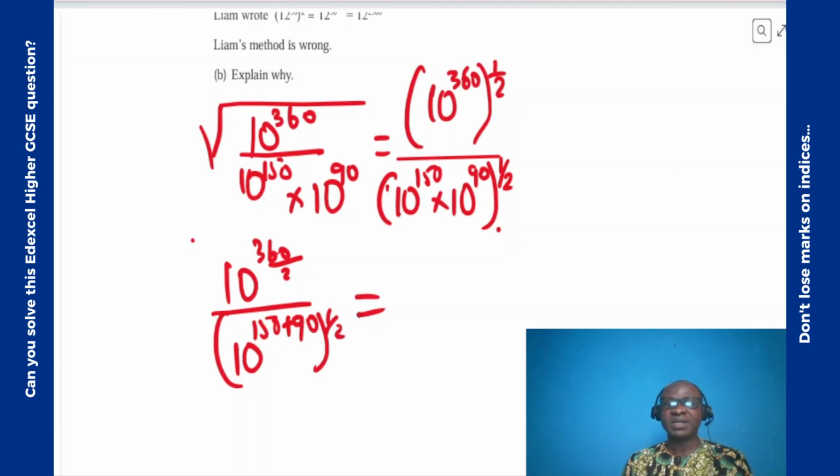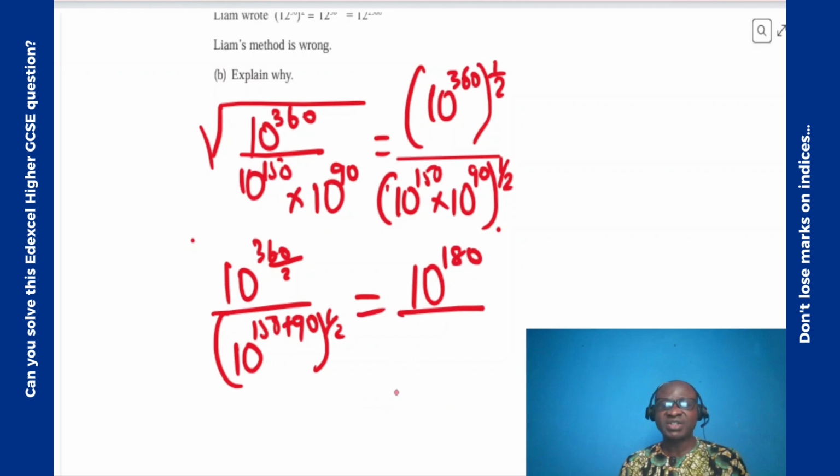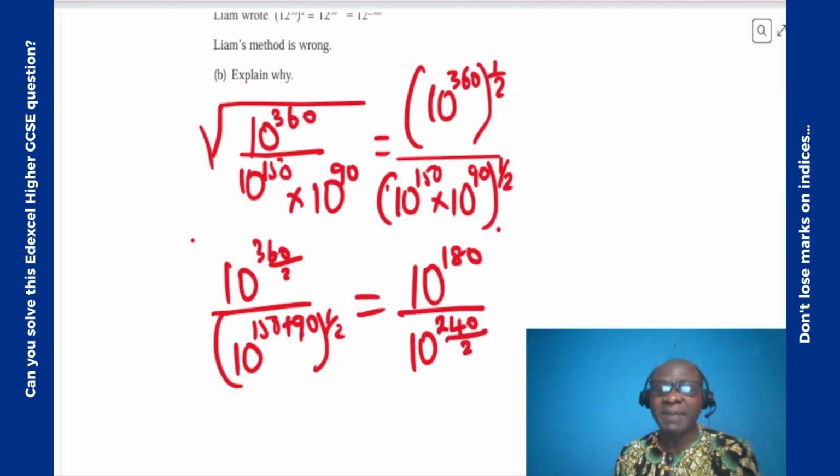This can now move to 10 to the power of 360 divided by 2, which will give me 180, divided by, I add the powers of 10 in the bracket, that will give me 10 to the power of 240, of course, divided by 2 because of the power of half.